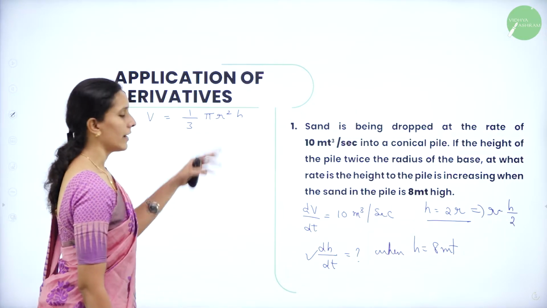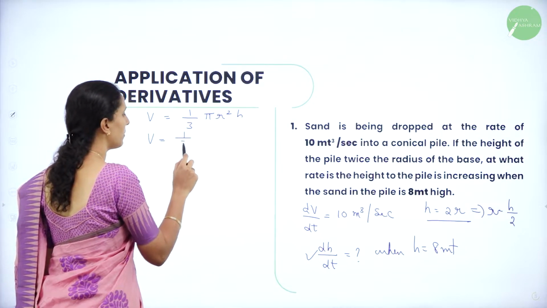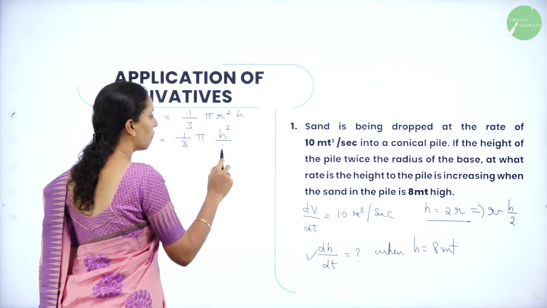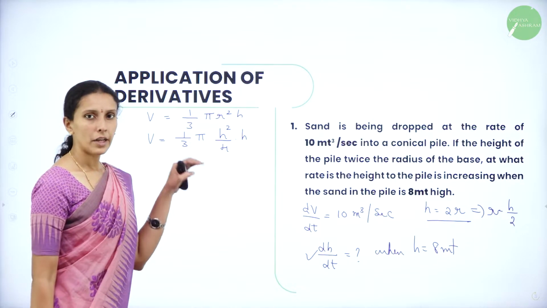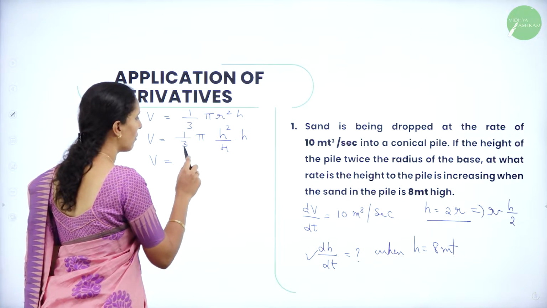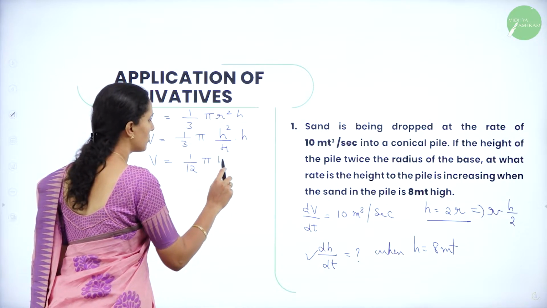So replace here r is equal to h by 2. Then the volume becomes 1 by 3 pi h square divided by 4 into h. Now here the volume is equal to, 3 4s are 12, so 1 by 12 pi h cube.